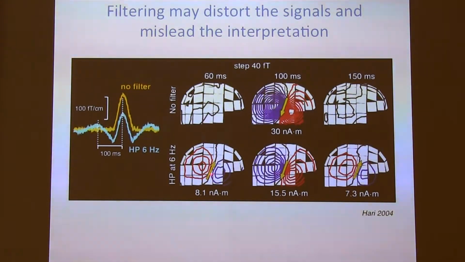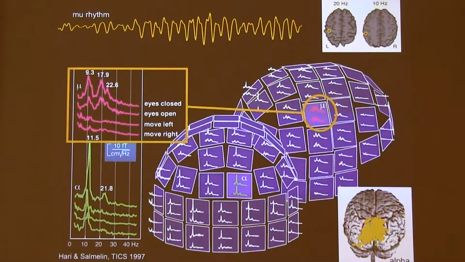And then when people start to look at the field patterns, they see that already here at an early time there's a clearly dipolar pattern in the brain, and they conclude that this response must have started at this time. So I think there are wrong interpretations about response latencies, for example, because of these.